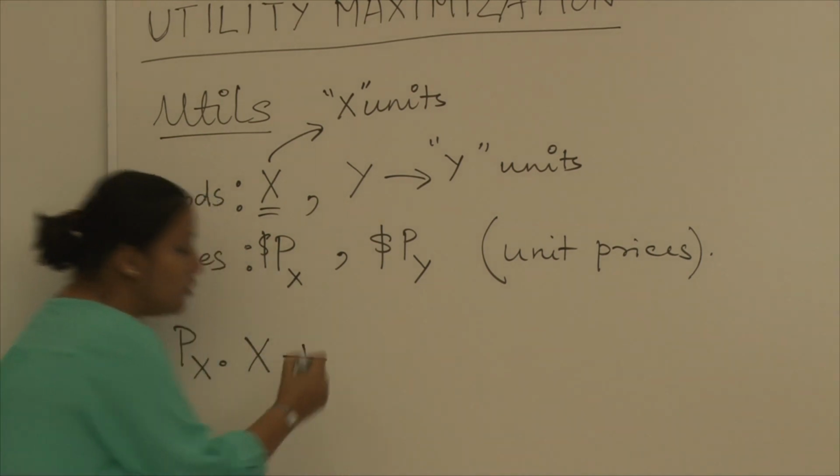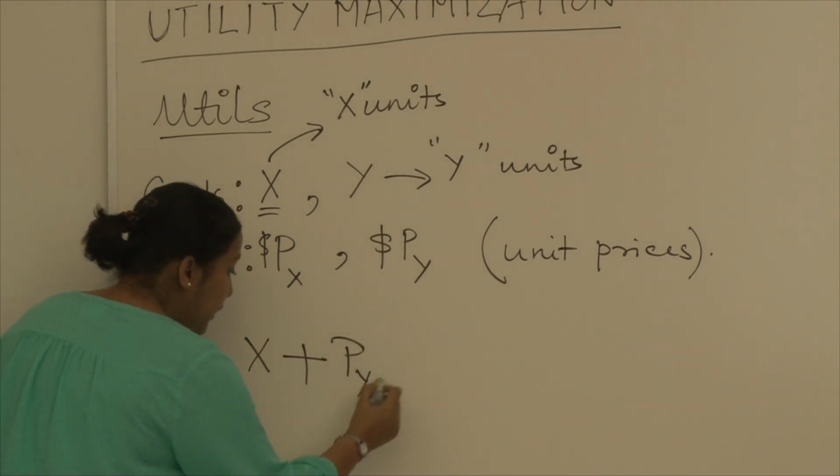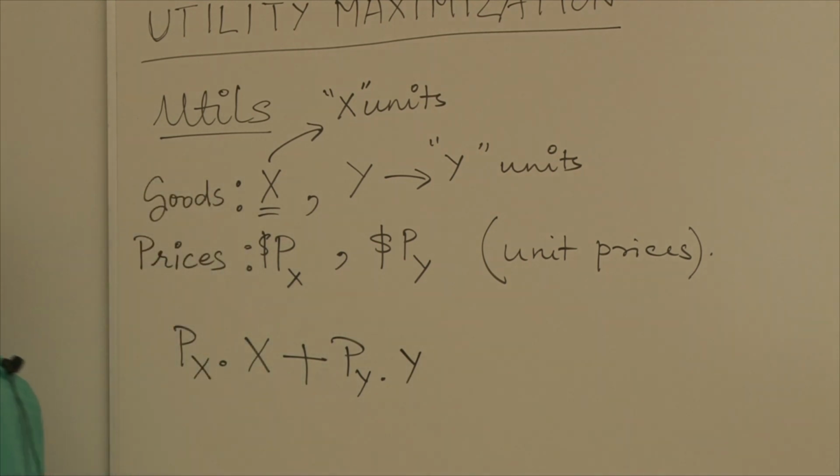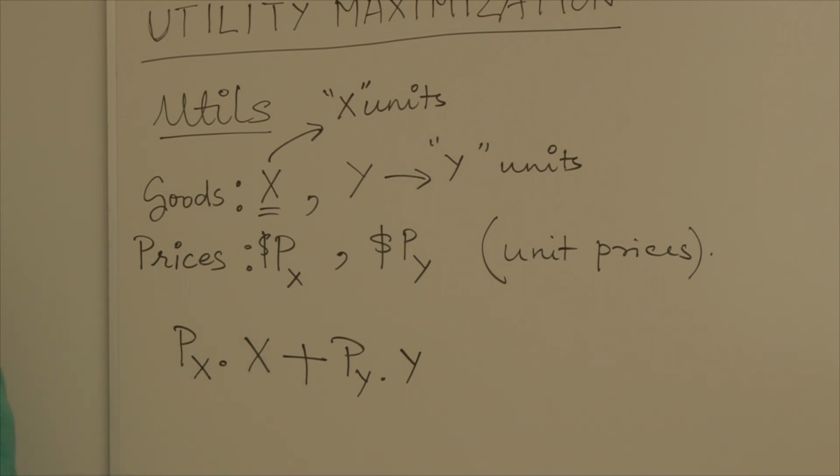Similarly, how much is your total spending on good Y? If I ask you, it will be Py times y, correct? So, that gives you the total expenditure on these two goods. And next, if I tell you that you spend all your income on these two goods, you do not save anything.